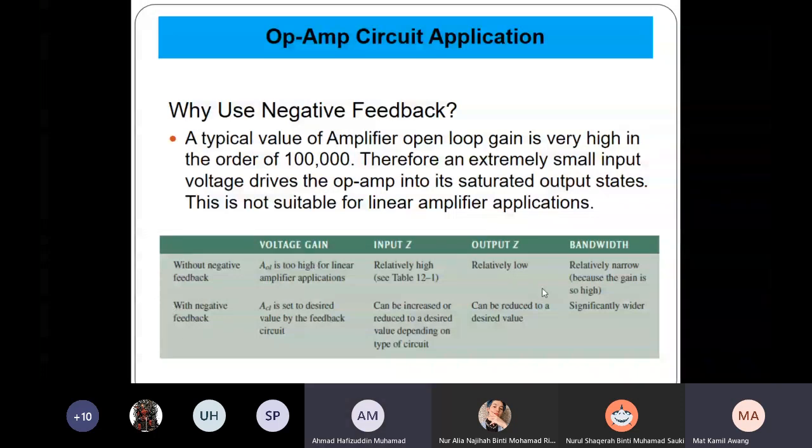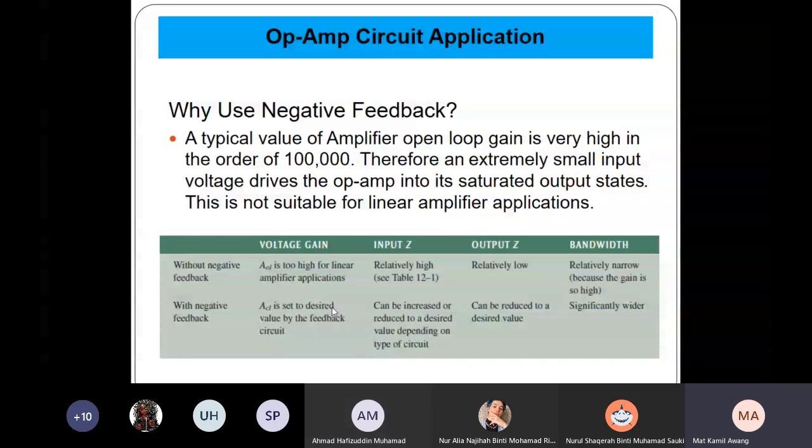In terms of voltage gain, the open loop gain is too high for linear amplifier applications without negative feedback. When you put in negative feedback, the closed loop gain is set to the desired value by the feedback circuit.